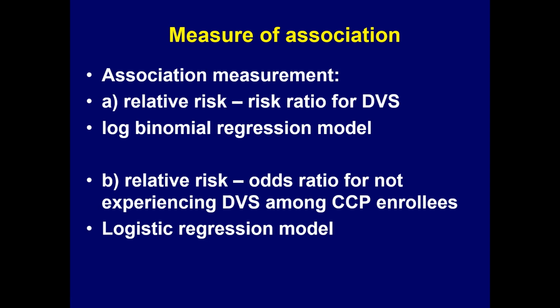The first association measurement is the relative risk, which is the risk ratio for durable viral load suppression, using a log binomial regression model. Another association measurement is the odds ratio for not experiencing durable viral suppression among the CCP enrollees, using a logistic regression model.